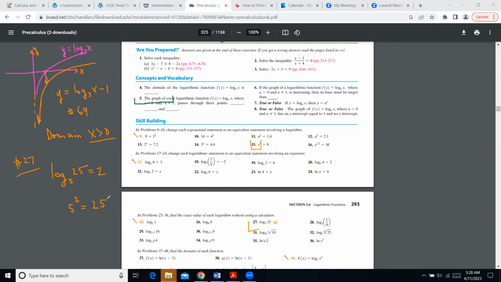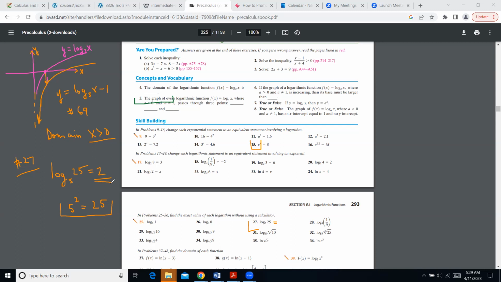So the key idea that we have to get used to when working with logarithms is the fact that when you have the exponential equation, 5 squared is 25, which is pretty straightforward, we can rewrite it in a slightly unusual way, in a way that calls the power by the word logarithm.